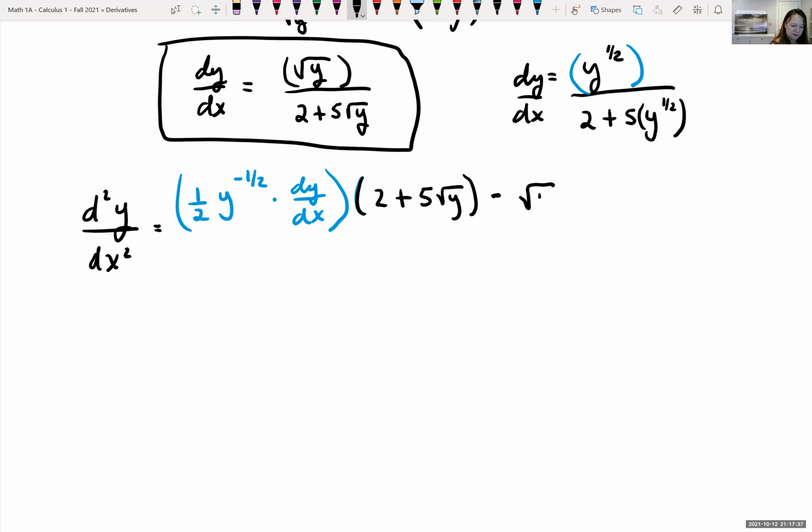I'm going to leave it as square root of y, but times the derivative of my denominator. So the derivative of 2 is 0, and the derivative of 5 y to the 1/2 power, bringing down my power, I would have 5/2 y to the negative 1/2. I just took the derivative with respect to y, so I have to write dy/dx.